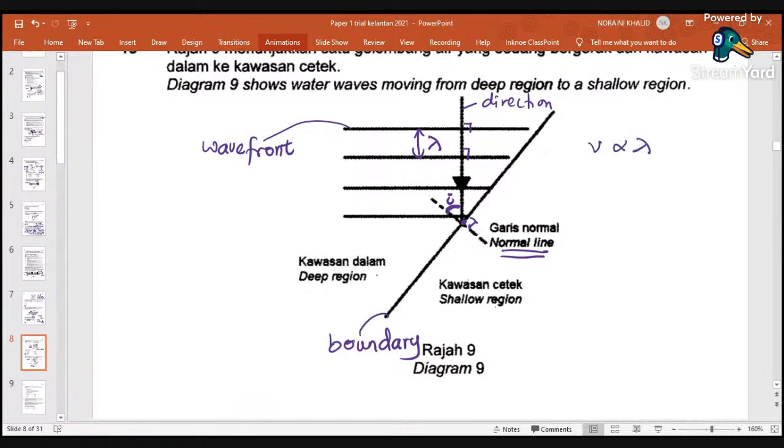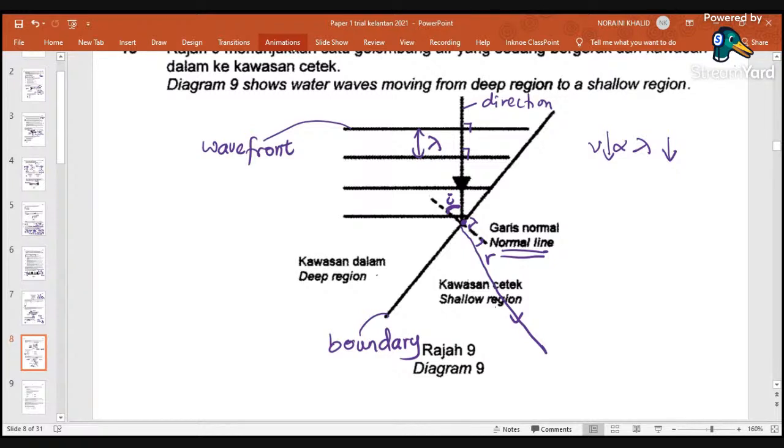When depth decreases, speed decreases, wavelength decreases. When speed decreases, what happens to the wave? It will bend towards the normal, smaller angle.